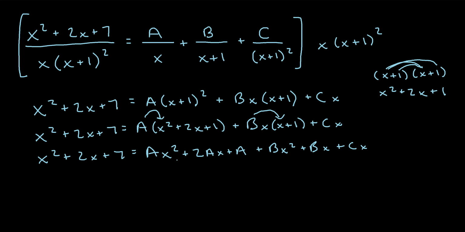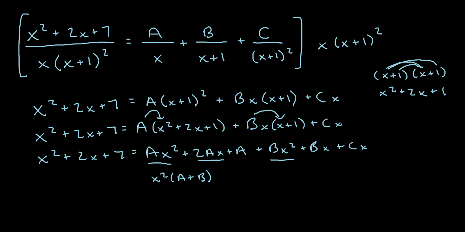Okay, the next step is we want to collect all of the terms on the right-hand side that have the same x values, and we can set them equal to the same x values on the left-hand side. So notice that we have an ax squared right here, and we have a bx squared right here. So if we pulled out an x squared, we would have a plus b. Okay, now let's look for the terms that have an x raised to the first power.